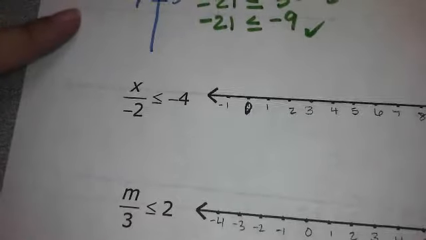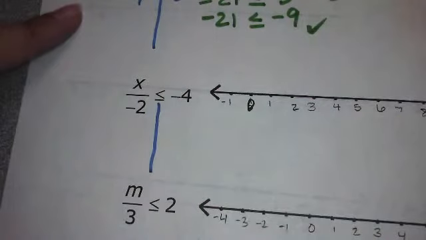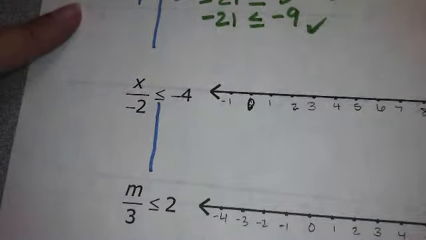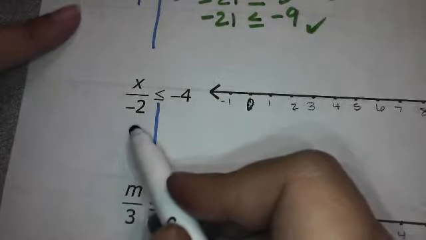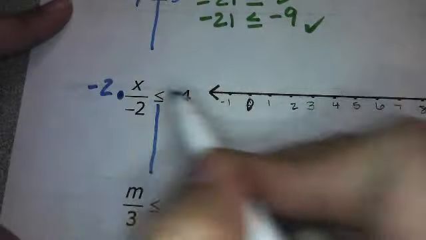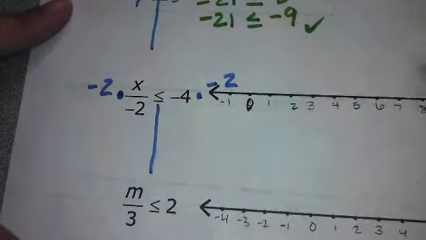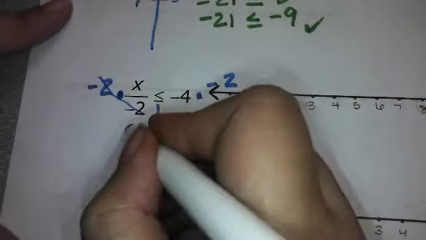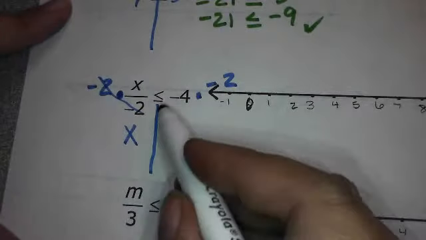Let's try two more. x divided by negative 2 is less than or equal to negative 4. This is division, so to undo division you have to multiply. Times negative 2, times negative 2. The negative 2 here is going to cancel, leaving x.